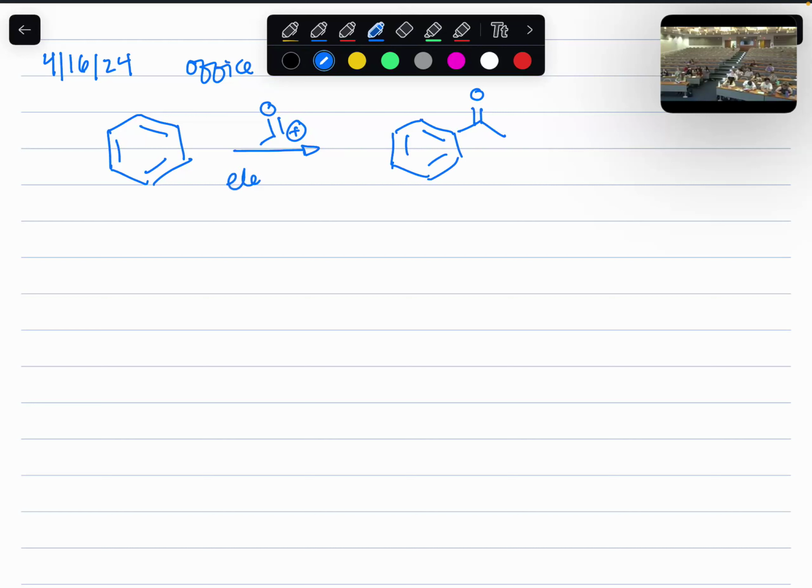So this is electrophilic aromatic substitution. What's an electrophile? Electron deficient, yeah. And is a benzene ring aromatic? Yes.